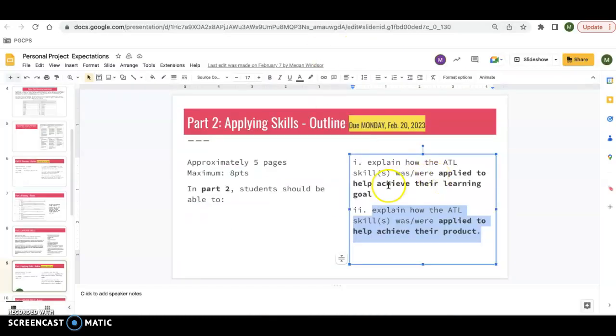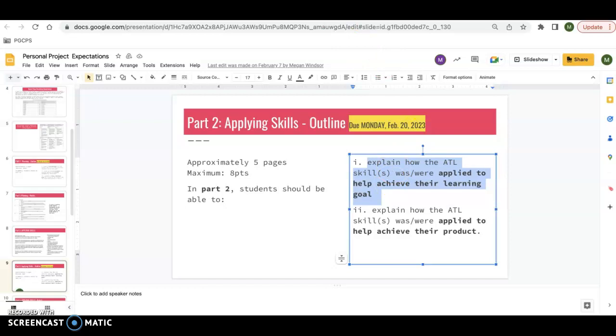So if I go back and look at the requirement, explain how the ATL skills were applied to help achieve my learning goal. So in my case, my learning goal was about the dietary impact of food choices on women my mom's age and their heart health.